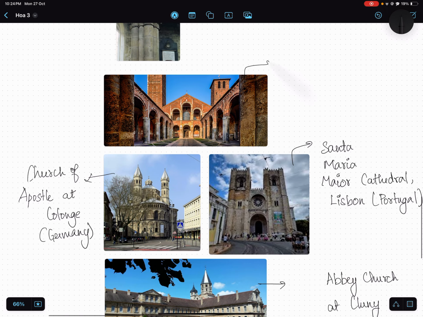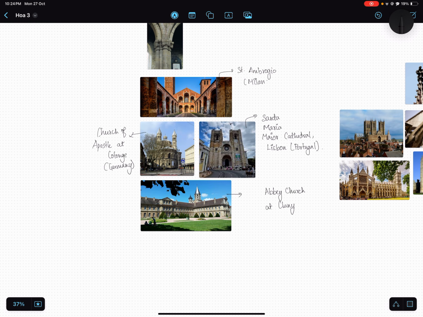And this is Saint Ambrogio in Milan. So these are some of the examples of Romanesque architecture.